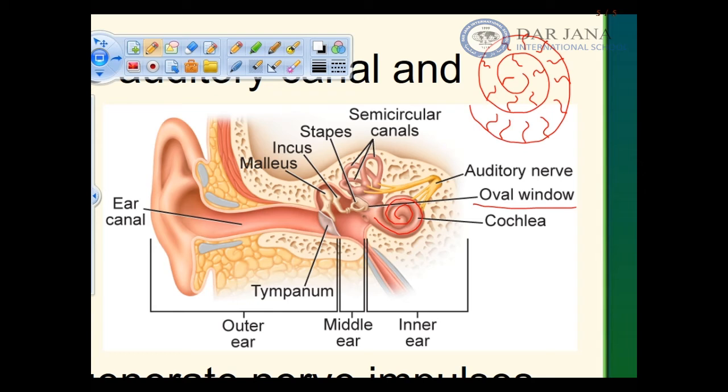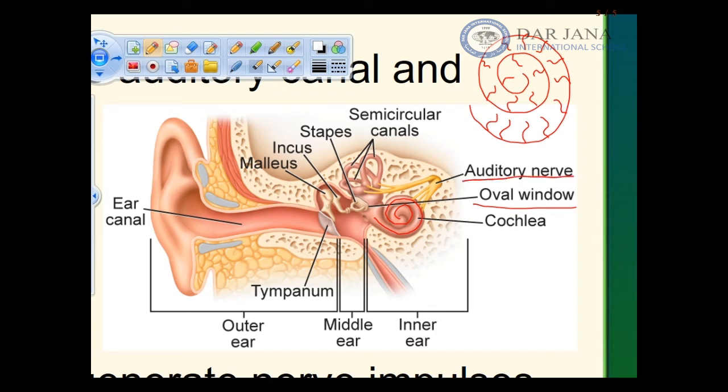Since these hair cells contain receptors, mechanoreceptors that respond to vibrations, they create a nerve impulse that is associated with a specific frequency coming from the sound wave, and these nerve impulses will be collected from the cochlea through a nerve called the auditory nerve.